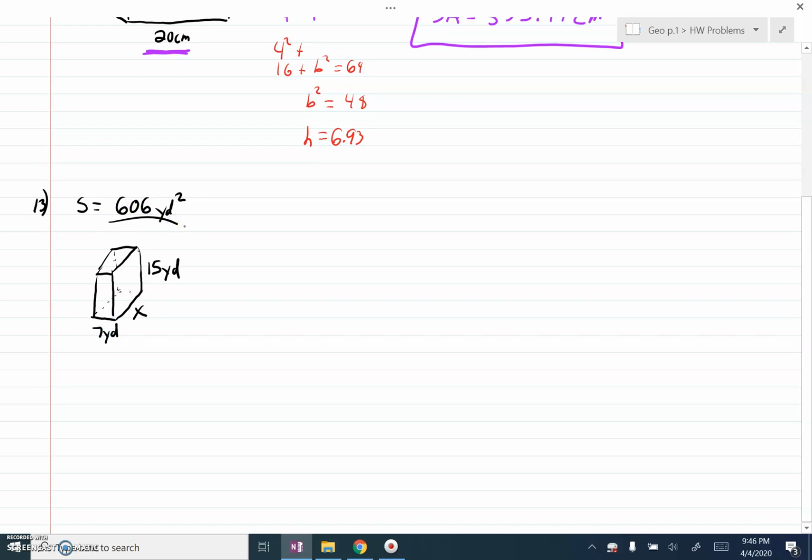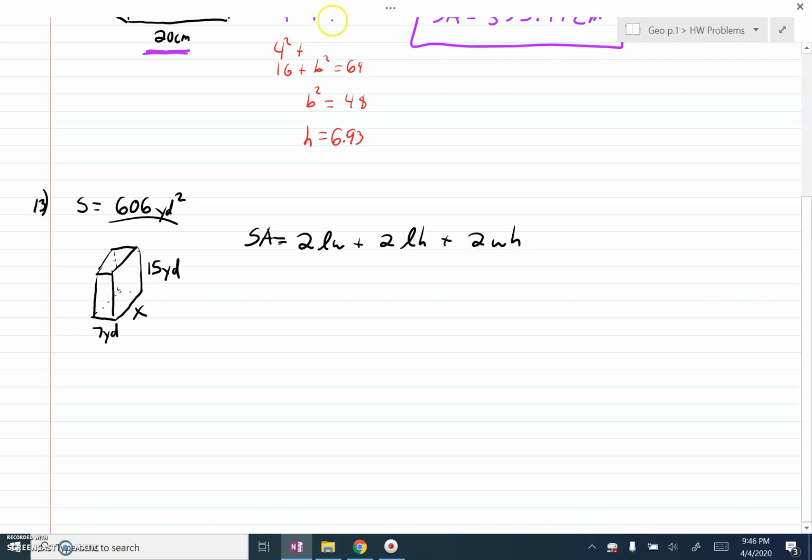One nice thing about this shape is we know it's a rectangular prism. So we can use the easier formula, which is 2 length width plus 2 length height plus 2 width height.